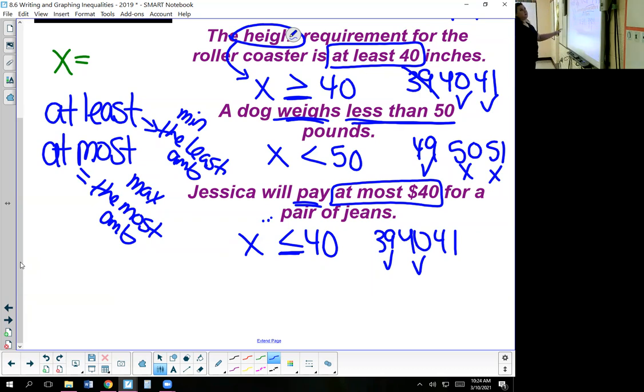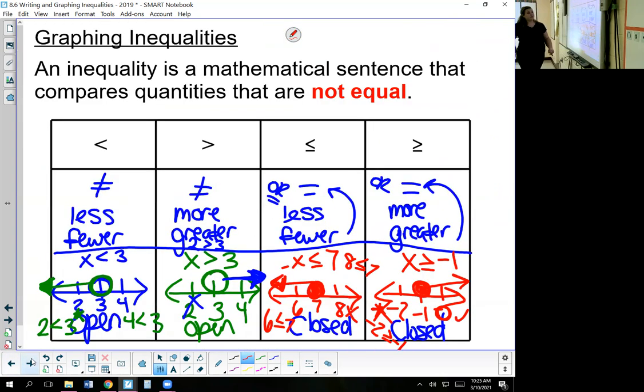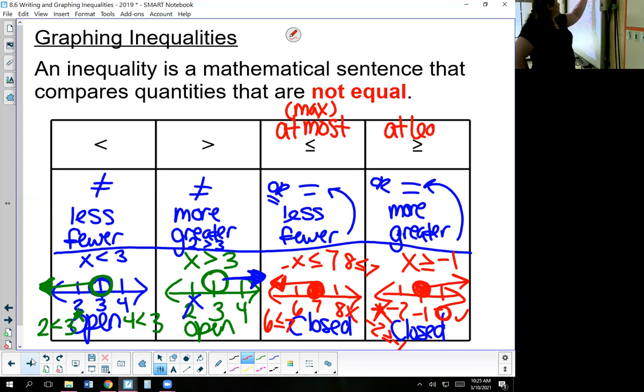So if you notice the relationship between these two, at least is actually greater than or equal to, and at most is actually less than or equal to. So one thing that I would add into the chart is go back to here. Very, very important. This is less than or equal to, so this is at most, which is like the maximum amount it could be, and then at least, and this is the minimum you're allowed.